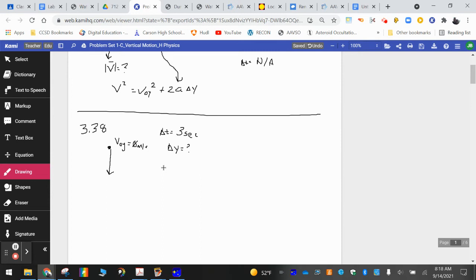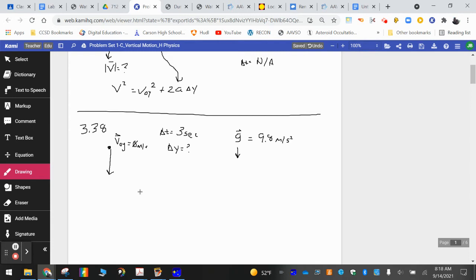Now again, g is acting in this direction, and velocity, which is a vector quantity, and g are both in the same direction. So we will take g to be a positive 9.8 meters per second squared. We want to know delta y, and we are given time.